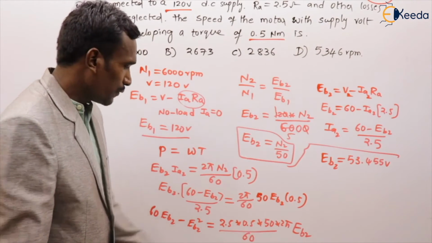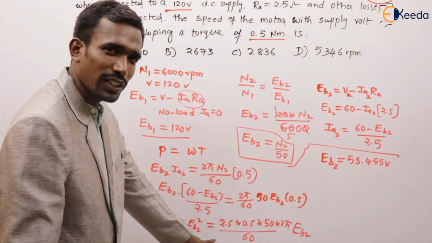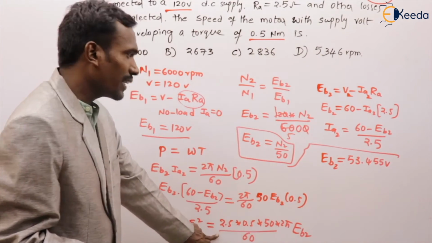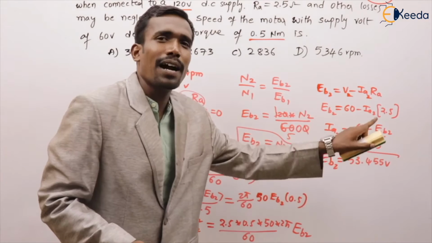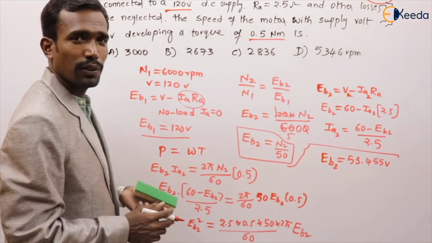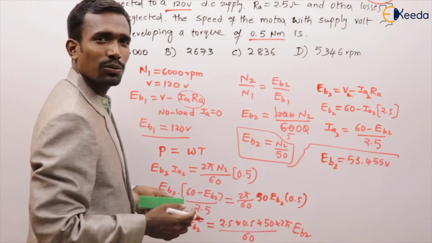In your calculator you can solve it. If you solve this, you get 53.455 volts. Then tell me what is N2 now.